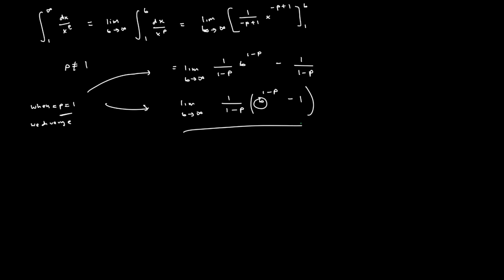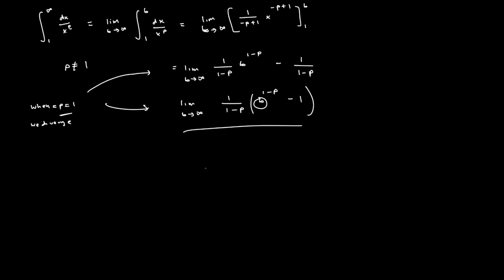And so if p is greater than 1, then it's b to the power of some negative number. So the larger p becomes, the smaller this b to the power of 1 minus p is.